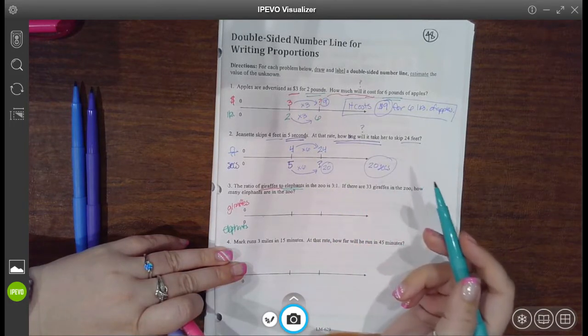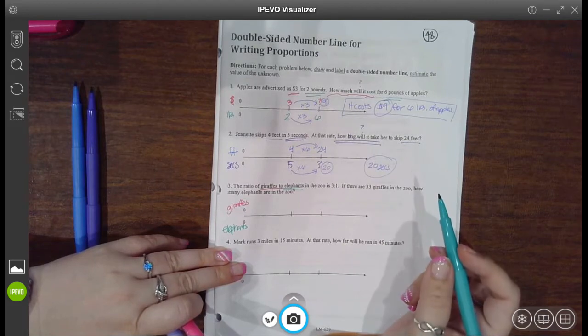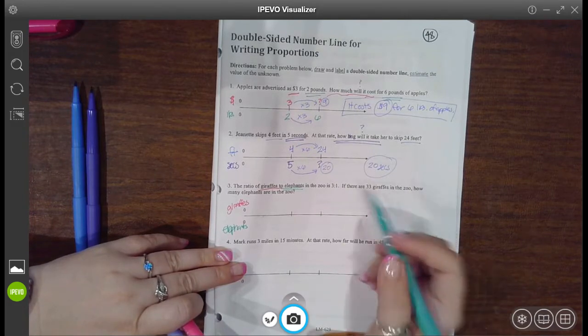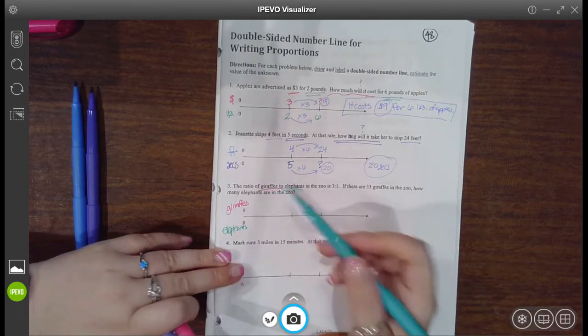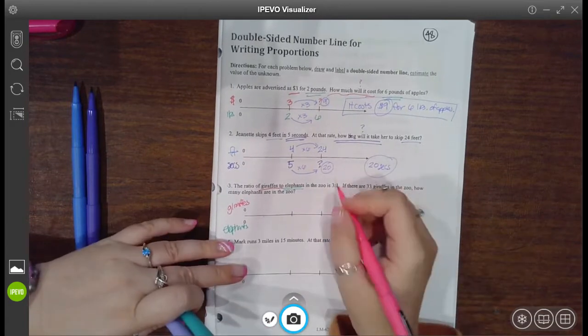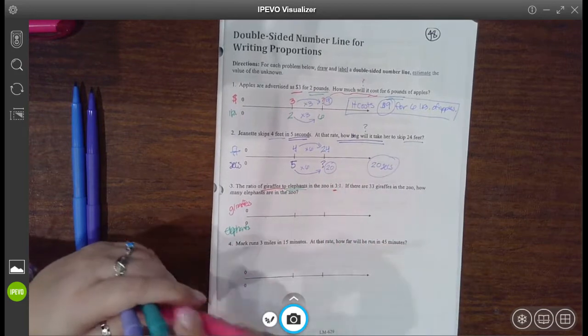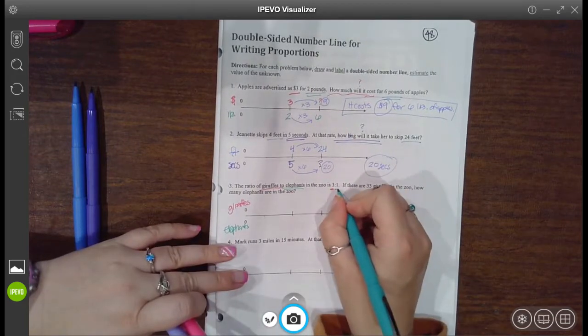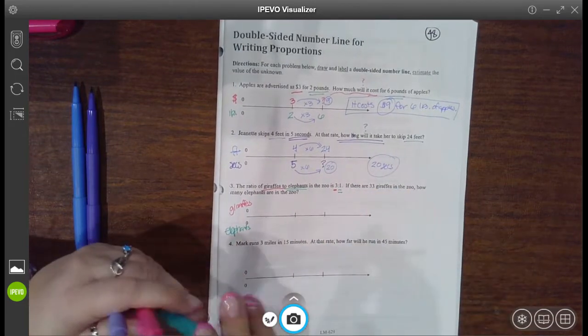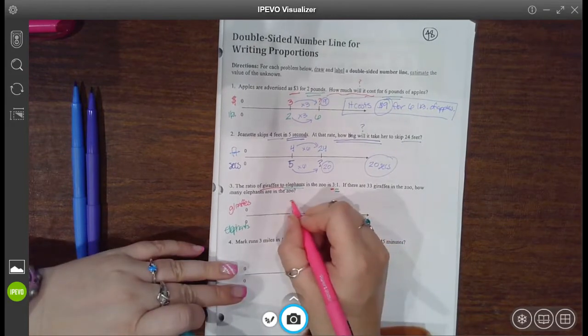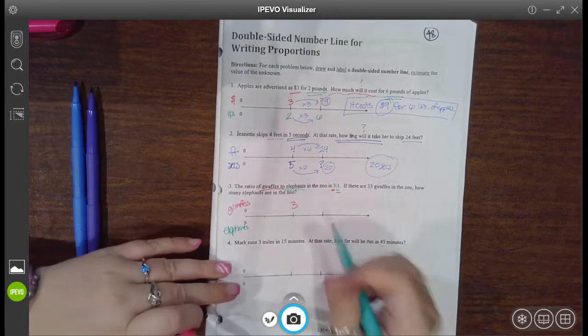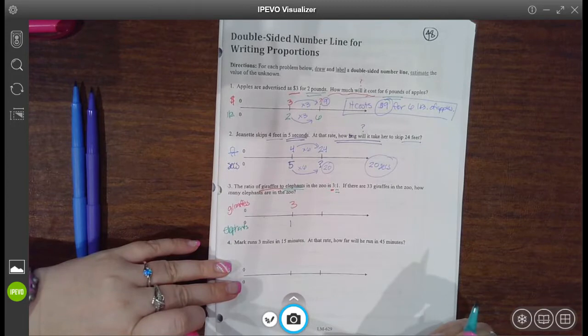Well, which one's giraffes and which one's elephants? Remember that when they list out ratios, whatever they say first is the first number. So the word after "to" is my second number in the ratio. So that means that for every 3 giraffes, there is 1 elephant.